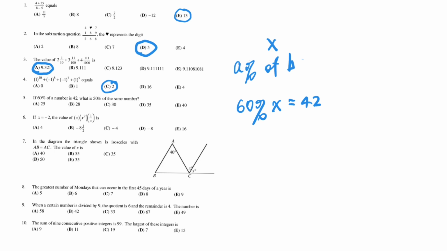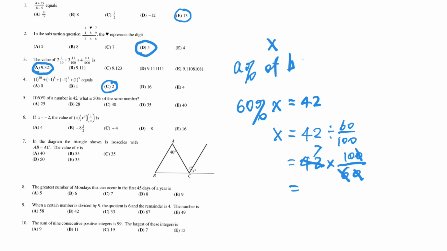So isolate x: x equals 42 divided by 60 over 100. That means 42 times 100 over 60. Cancel the 0, cancel 6, cross-canceling 42. That's 7, giving us 7 times 10, that's 70.